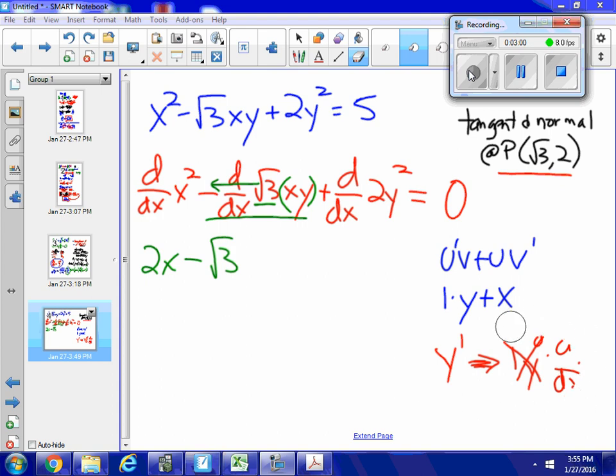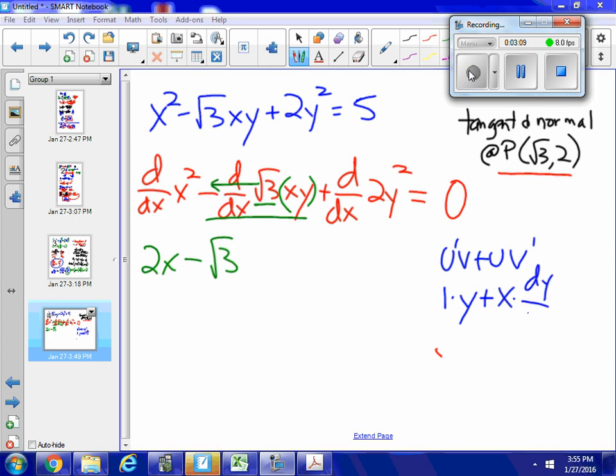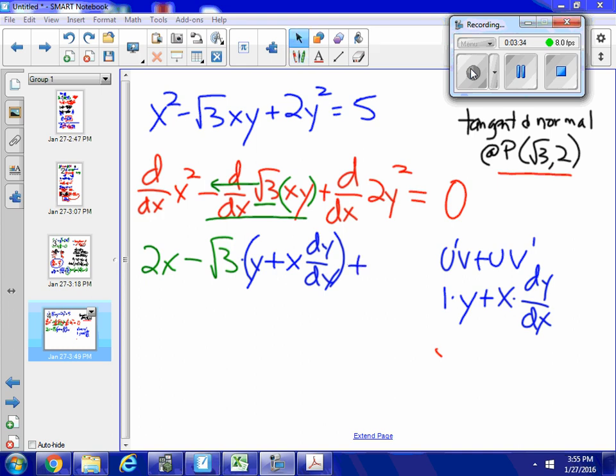So this becomes x times dy/dx. Putting that back into my longer equation, it's radical 3 times y plus x dy/dx. Plus, the derivative over here, I have 2y squared.